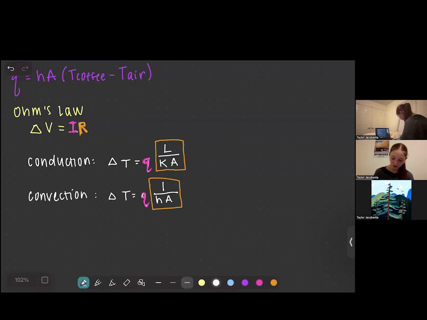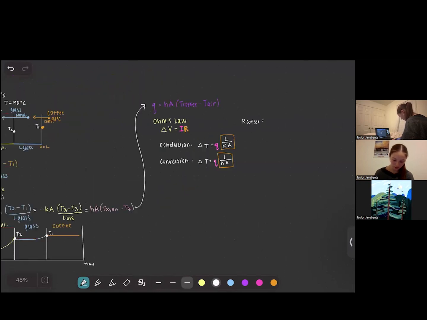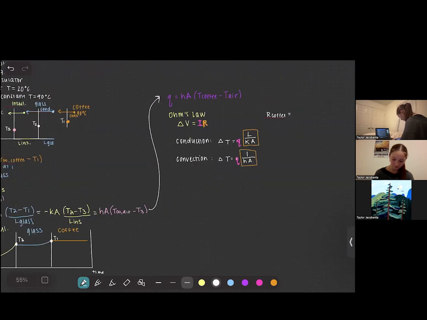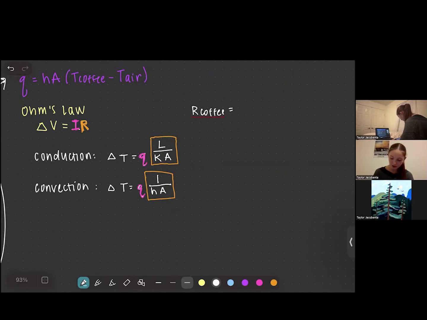So let's look at this in terms of resistance. So we have our coffee, which is due to convection. So this is going to be the resistance of coffee is 1 over the h, which we denoted H, times the area. And then we can look at the resistance of the glass.